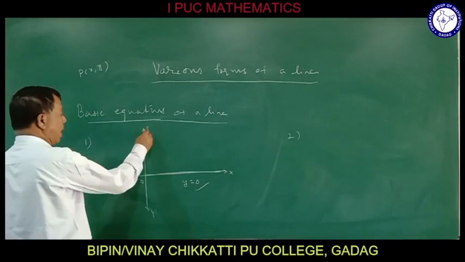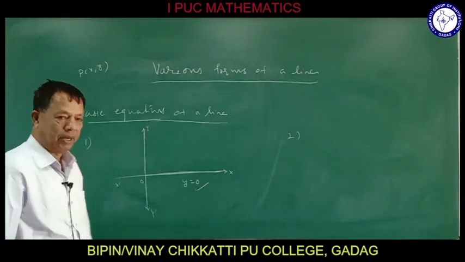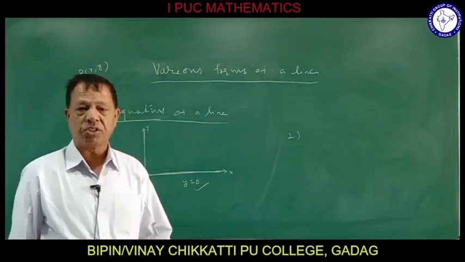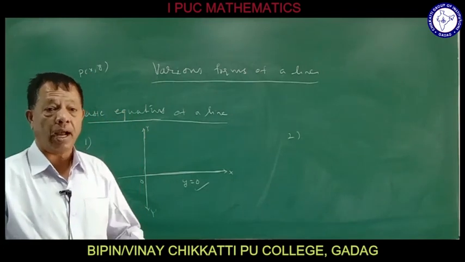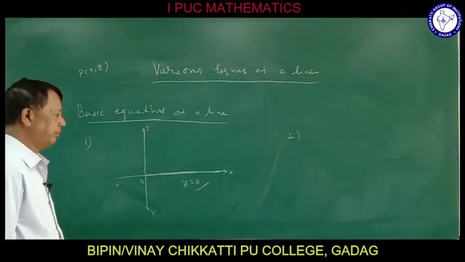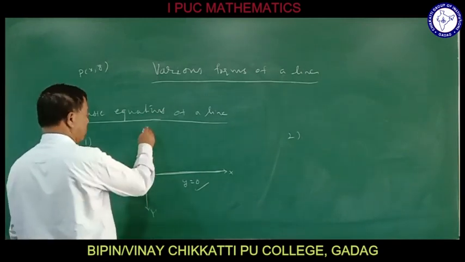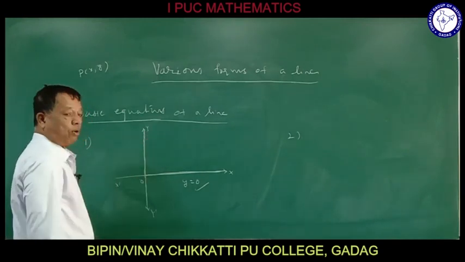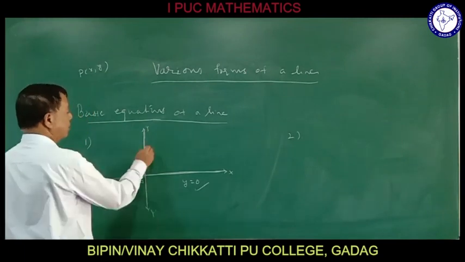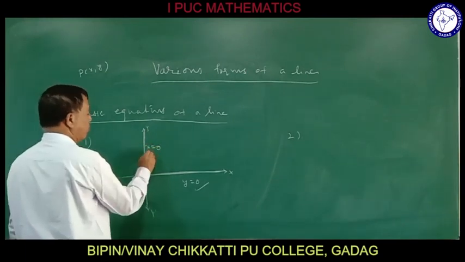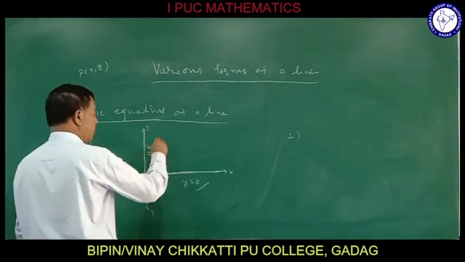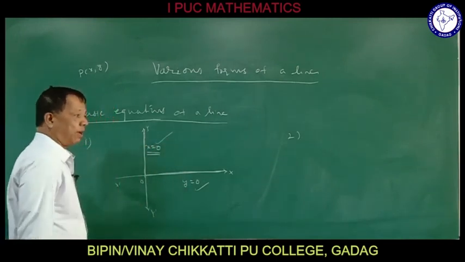Similarly, the y-axis is the locus of a point which moves such that its x coordinate, that is the abscissa, is 0. So x equal to 0 is the equation of the y-axis.